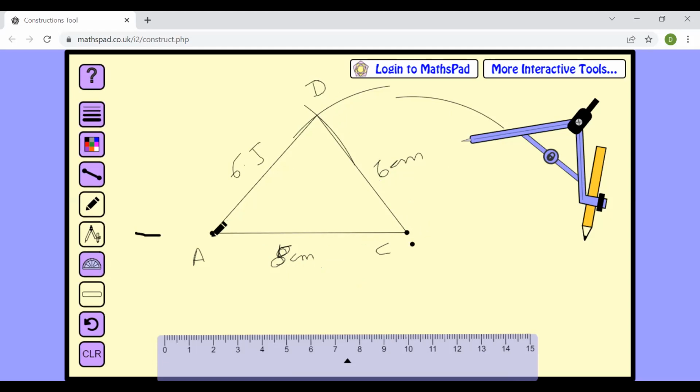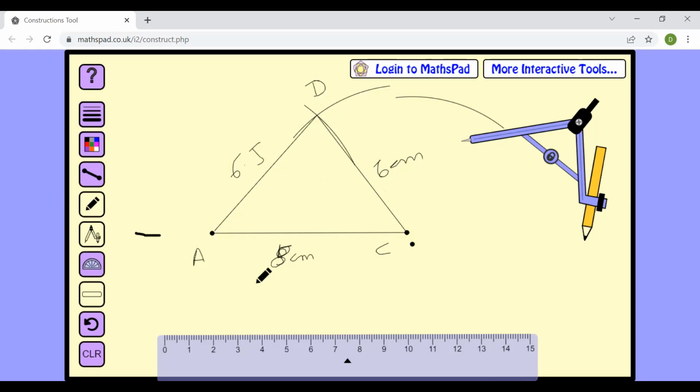After that we kept the compass needle at A and drew the arc at 6.5 centimeter. At the intersection of these two arcs, we will get the point D. Now draw a line joining D to A and D to C.